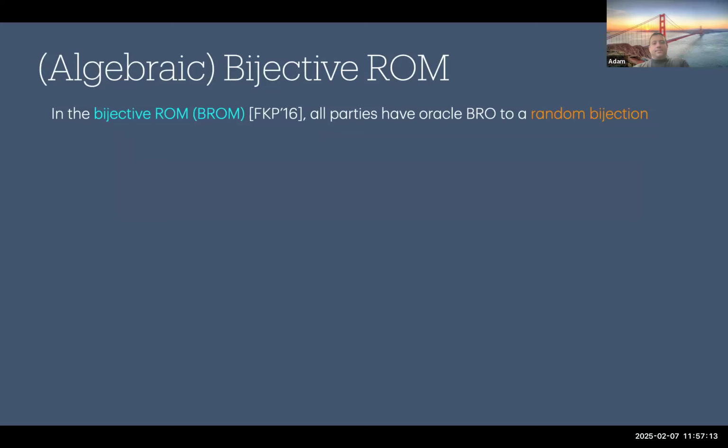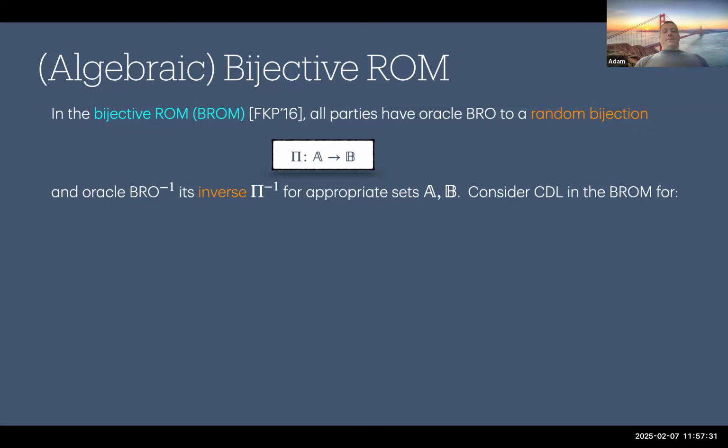In the literature for ECDSA, they consider something called the bijective ROM. Even though F sub ECDSA is a very simple function, they introduce some idealization of it, representing it as a composition of phi, pi, and psi.